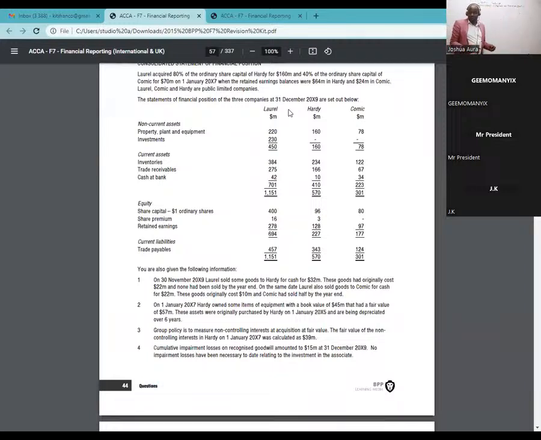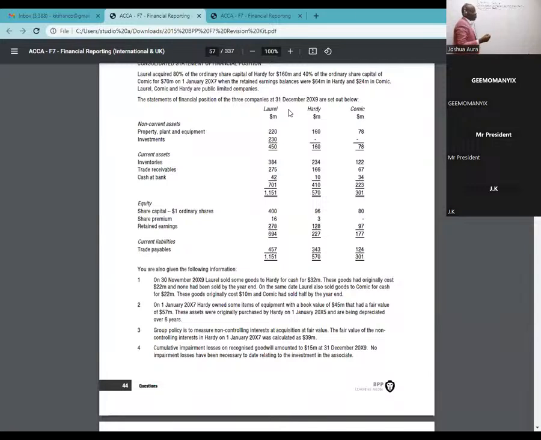I'm so sure that one is something that all of us are very good at. Ladies and gentlemen, I'll simply start copying this table the way it is. So I'll start by writing there non-current assets.